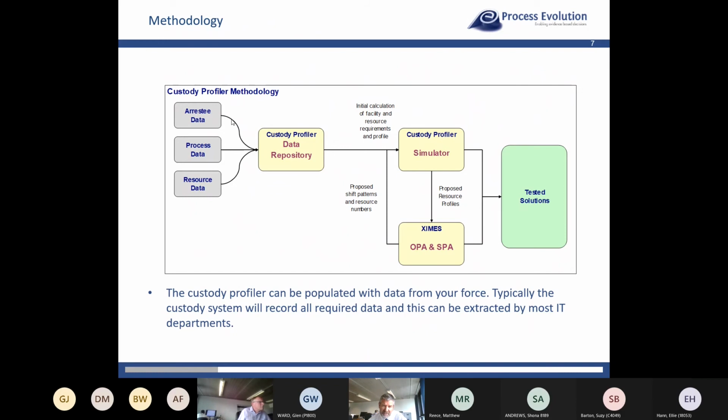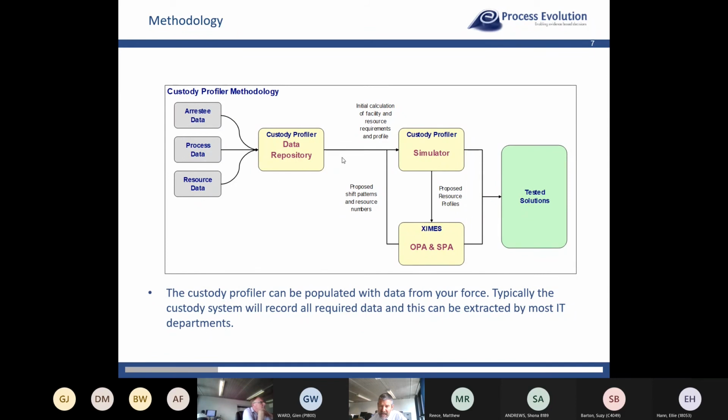So in the custody suite system, there's often a link to the incident data, which will give you the location of the arrest. The process data very often comes from a workshop where we sit down and populate the workload profiler to pick up all of the different activities that are done and how often they're done. And then your resource data will come from your HR system.